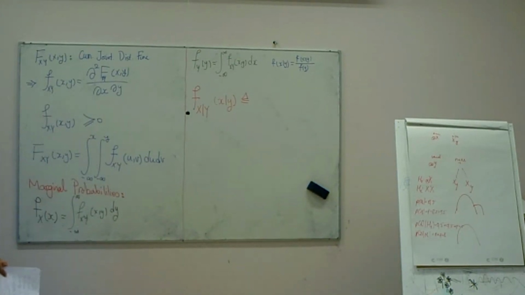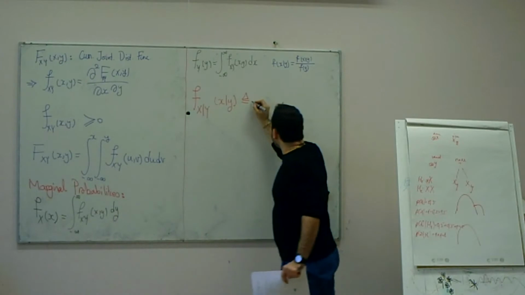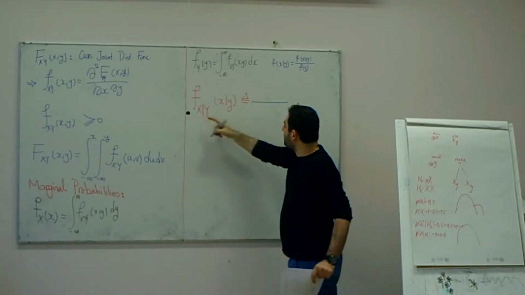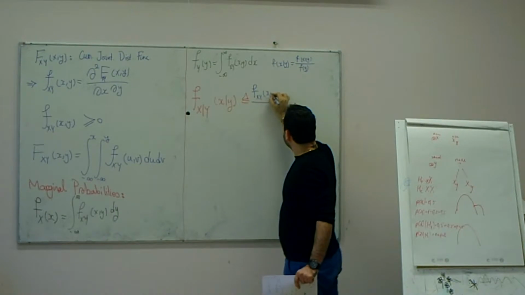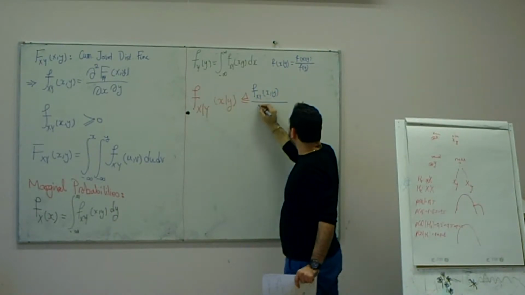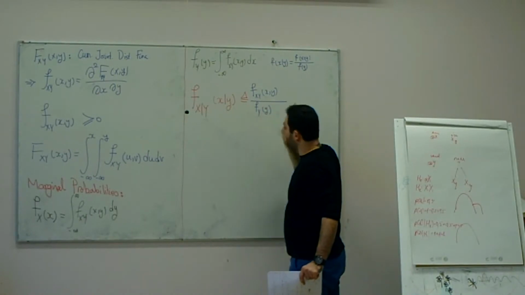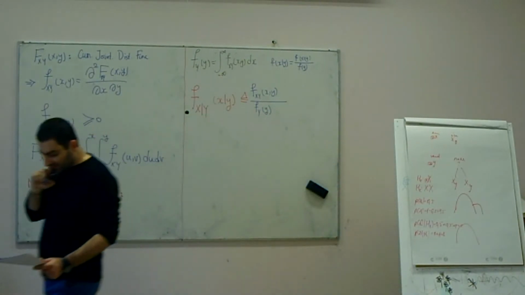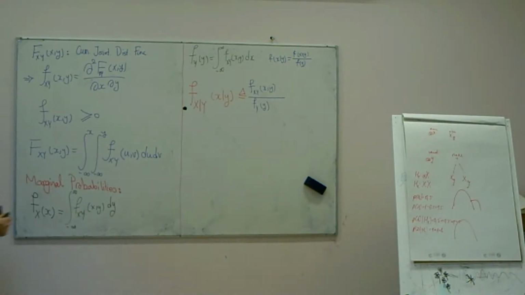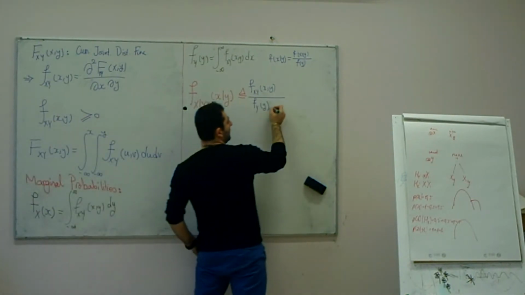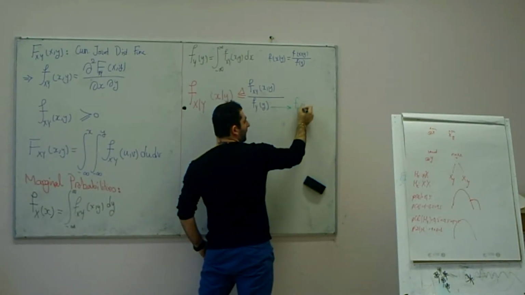You remember it? Similar to this, if we have the condition here, we divide the joint probability over the marginal probability.